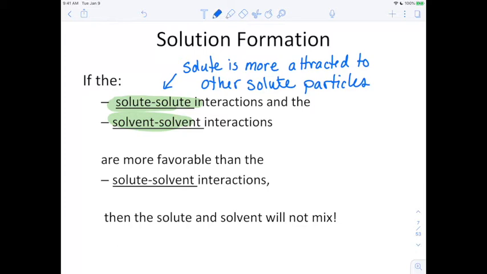And here for the solvent-solvent interactions, I'm going to say the solvent is more attracted to solvent particles.